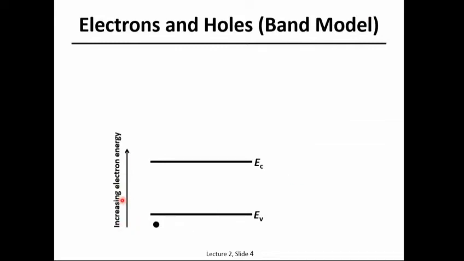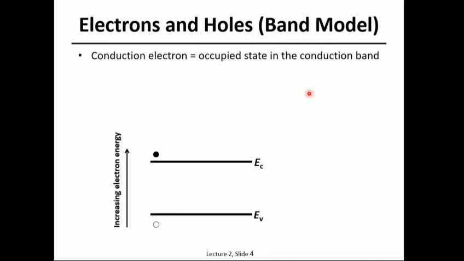We said that the electron increases its energy this way. So if we have an electron sitting in the valence band, it increases its energy when it starts moving to the conduction band, leaving behind, in a pure material, a hole in the valence band for every electron that goes up to the conduction band. We now call this a conduction electron.